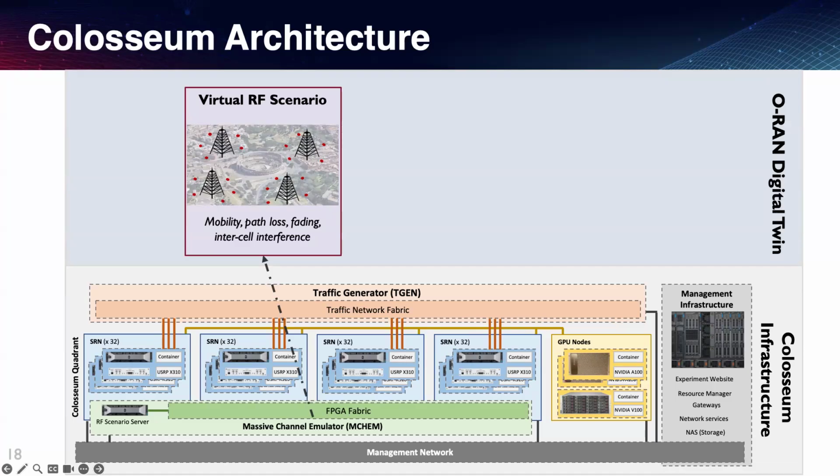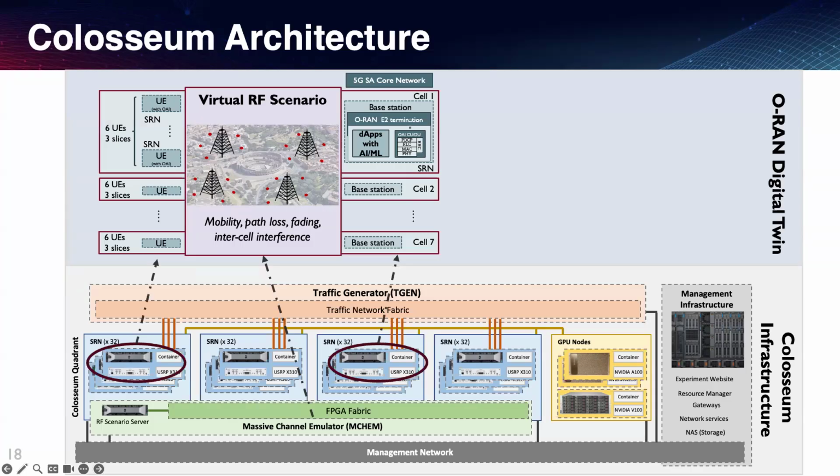I can characterize environments a priori, like the one shown here, and then capture the channel impulse response and reproduce it with Colosseum in a way that my experiment run in that specific emulated environment looks very similar to what I would have running in the same setup on the real environment that I characterized a priori.